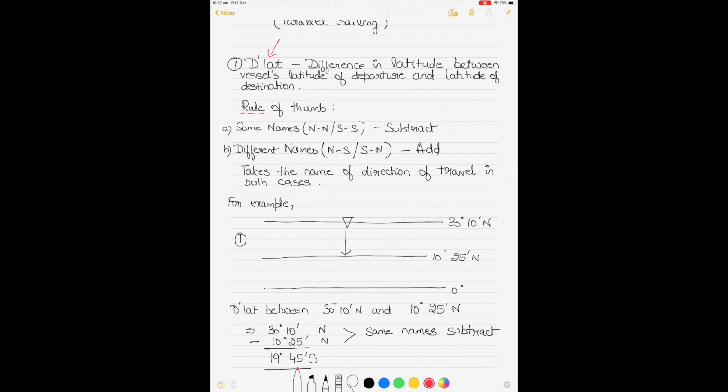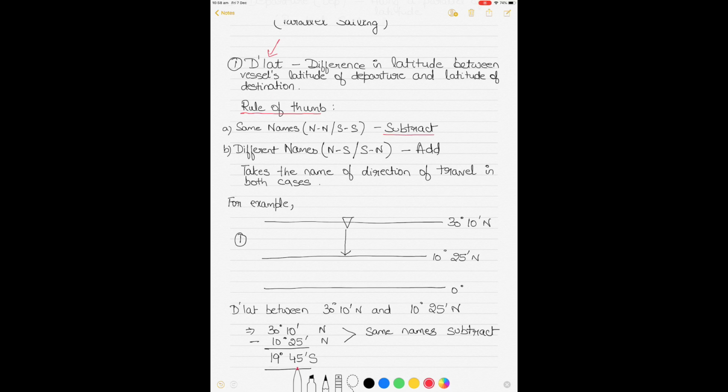The rule of thumb for calculating dlat is, if the latitudes are of the same names, the latitude of departure and latitude of destination, such as north and north or south and south, then you should subtract the two values.